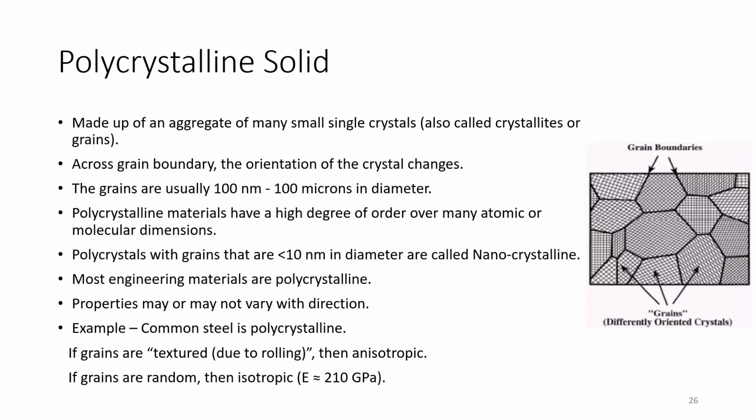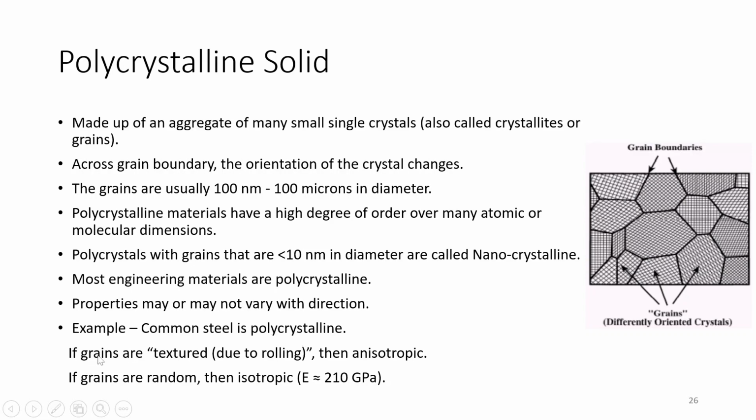Polycrystalline materials have a high degree of order over many atomic or molecular dimensions. Polycrystals with grains that are less than 10 nanometer in diameter are called nanocrystalline, and most engineering materials are polycrystalline in nature. The properties may or may not vary with direction. An example is common steel, which is a polycrystalline material.